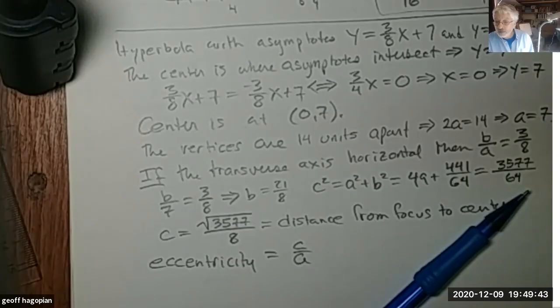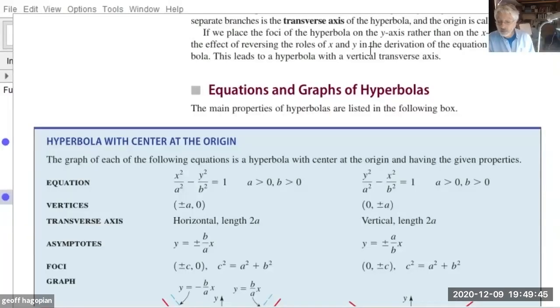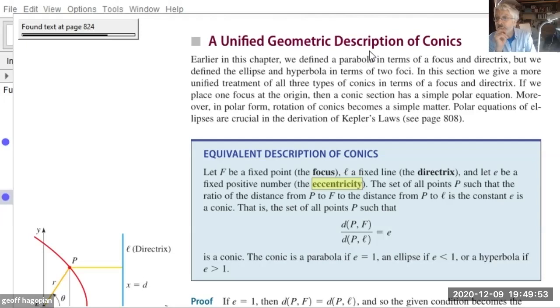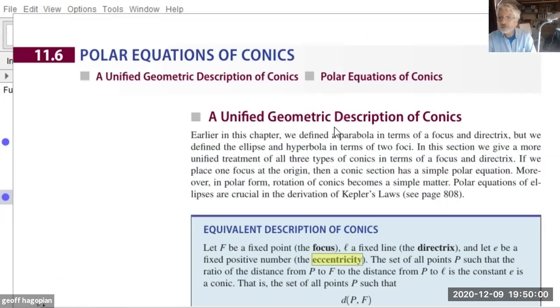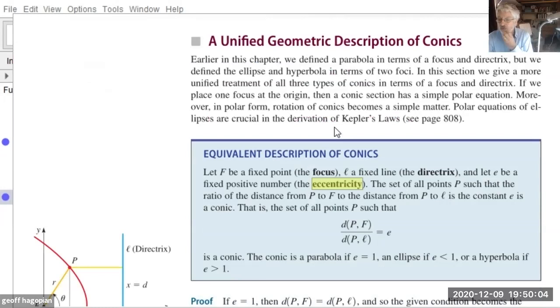Where is the text? Okay, I'm going to find eccentricity in here. I think it should be, yeah, this is 11.6. We didn't do the polar equations of conics because we didn't do polar equations. We'll save that for next semester.